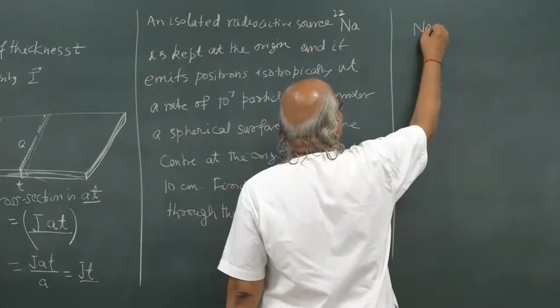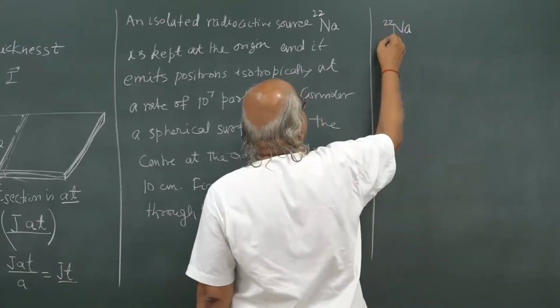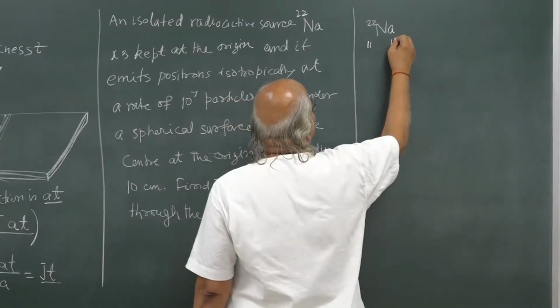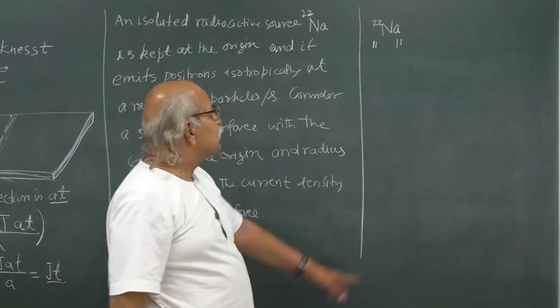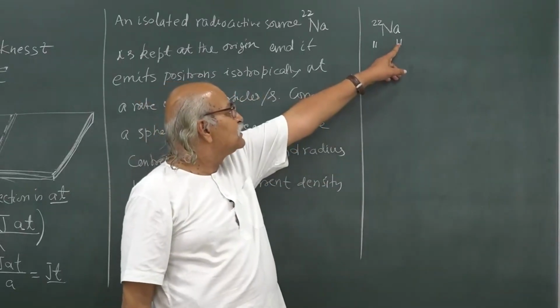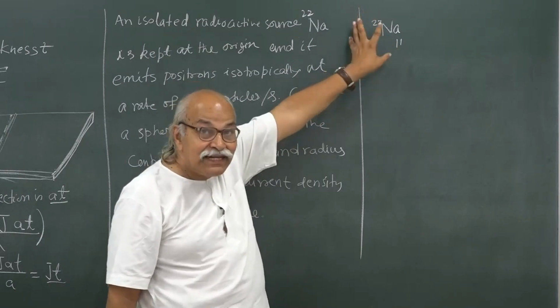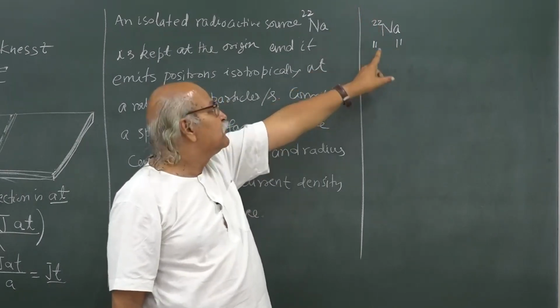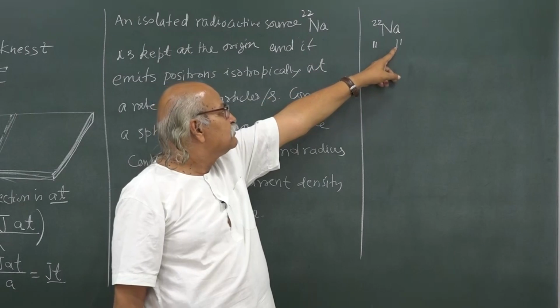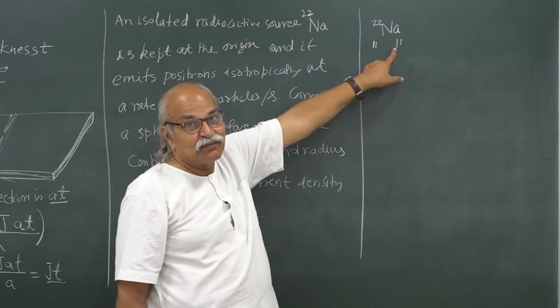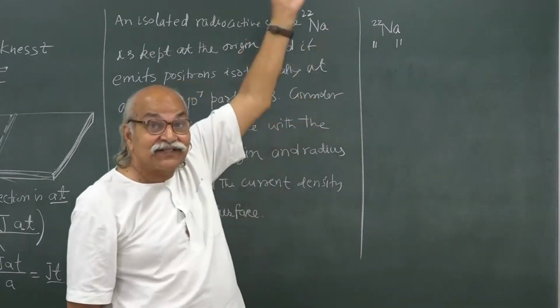Sodium 22 means 11 protons and 11 neutrons. In general you have 12 neutrons and 11 protons, and that is the most stable isotope. But in this case the number of neutrons is less and the number of protons is more.